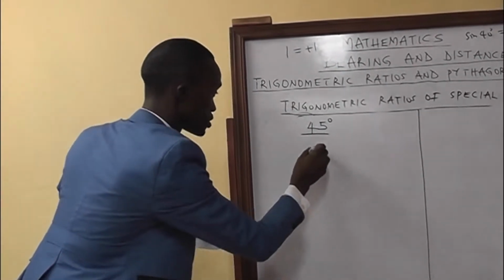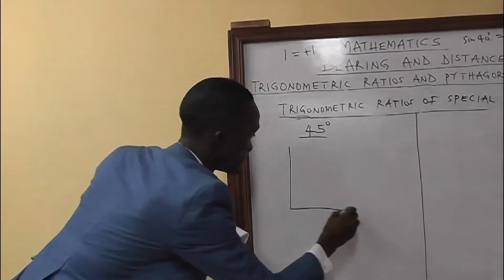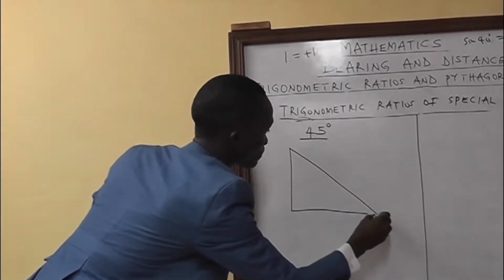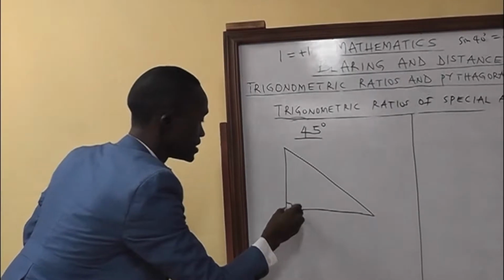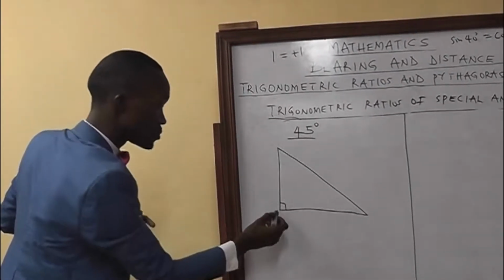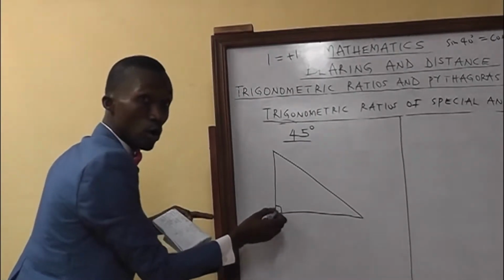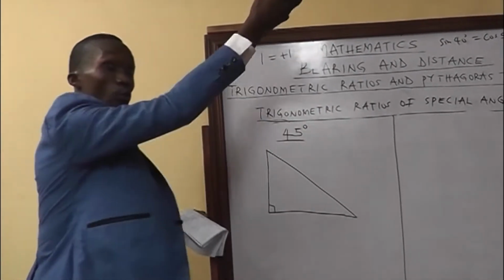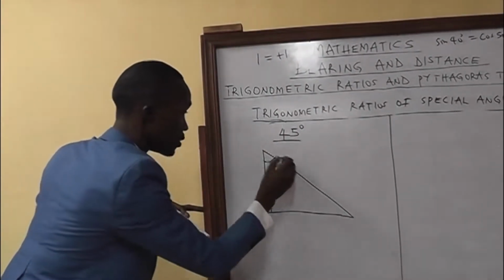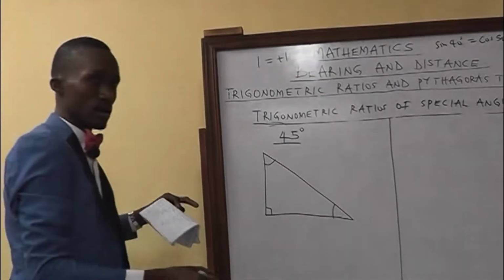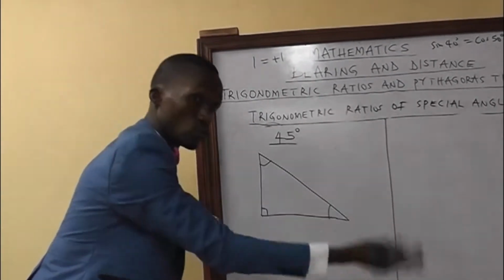Now if I should draw something like this, and this place is 90, I'm assuming that this is the altitude of this triangle. The altitude of the triangle is just the top. So these two now, they are the base, and base angles are equal.